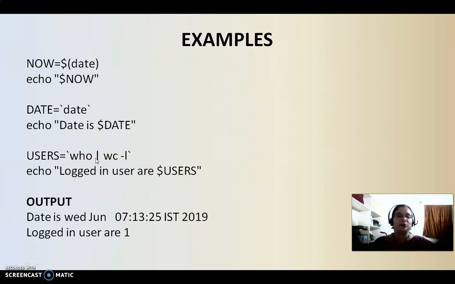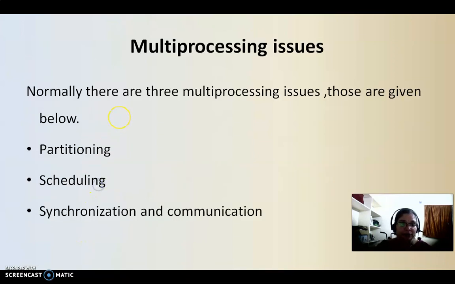Whenever we combine using the pipe operator, who pipe wc -l, the output of who acts as the input to wc -l. So it takes the output of the who command and counts the number of lines. Based on the number of lines of the who command, it gives the number of users currently logged in.